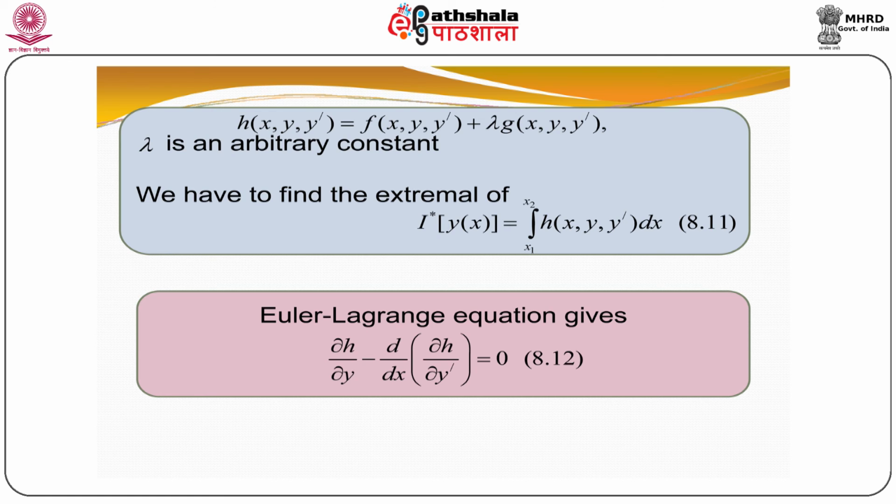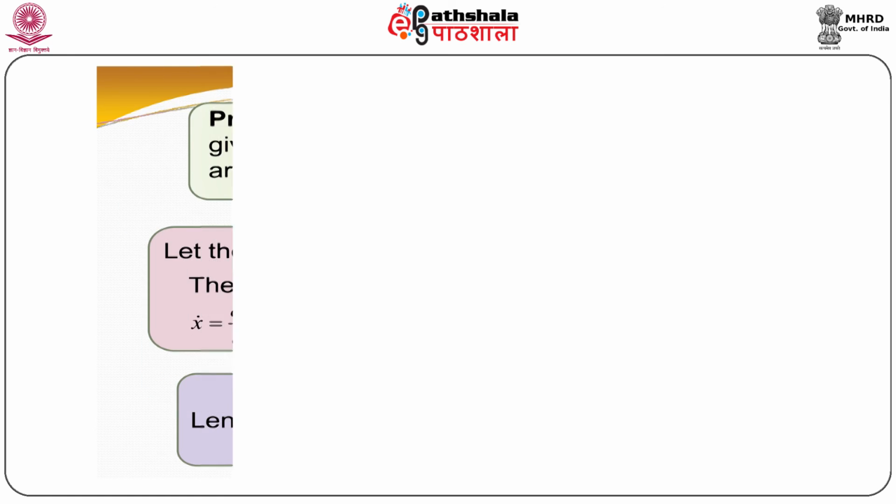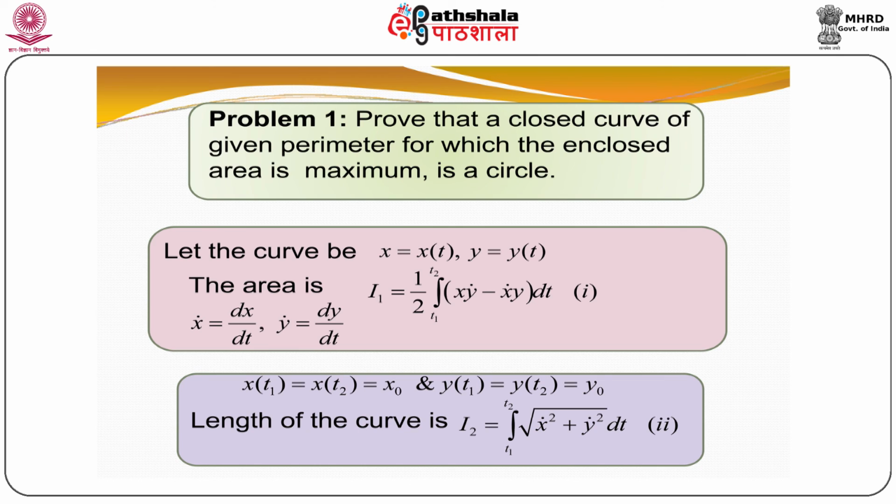Now, the Euler-Lagrange equation gives the partial derivative of h with respect to y minus d/dx of the partial derivative of h with respect to y' equal to 0. This is a second order equation. So, the solution of this equation contains two integrating constants.